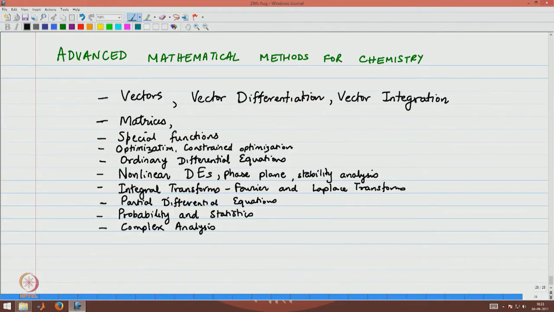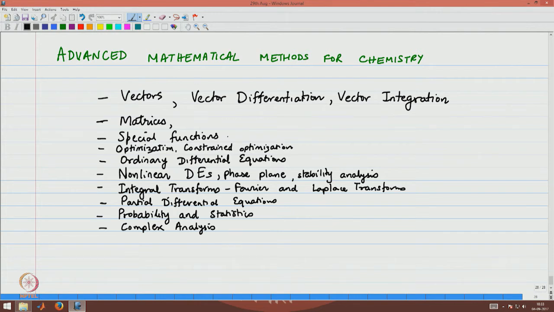So with this we have completed this course, advanced mathematical methods for chemistry. Through these 12 weeks I have taken you through various mathematics topics which are used quite widely in chemistry. I will just summarize some of the topics that we did. They included vectors, vector differentiation, vector integration, matrices and a lot of things with matrices.